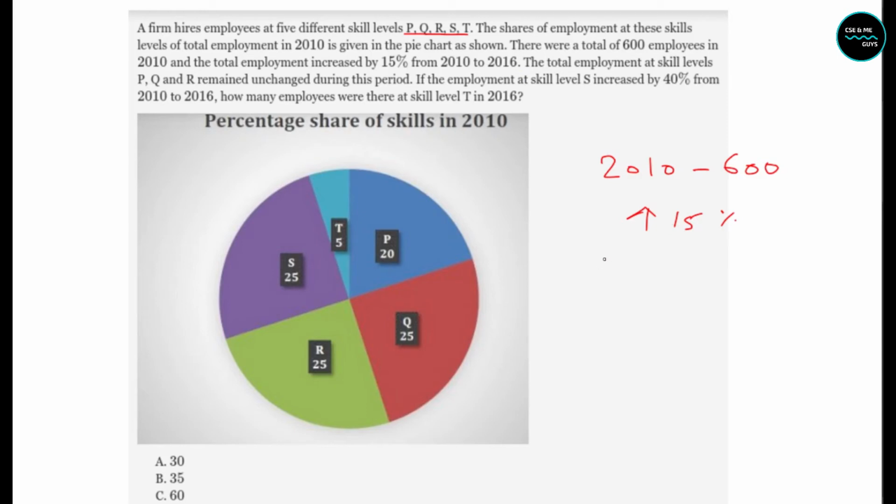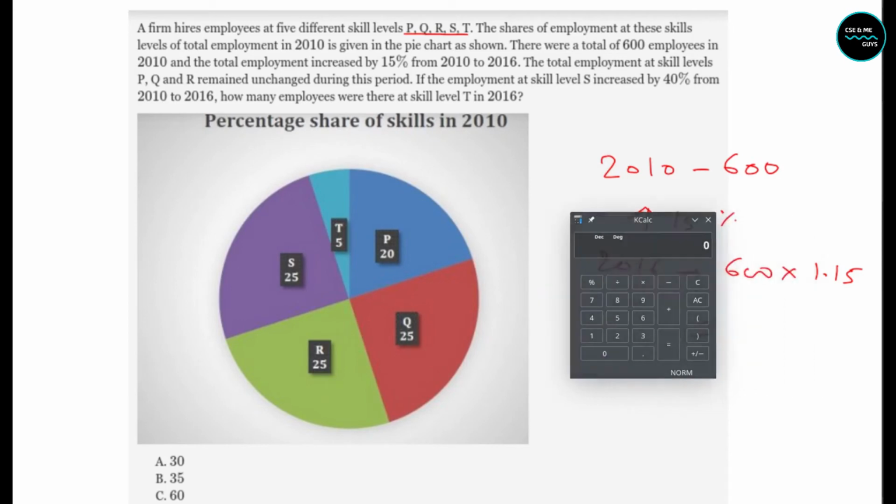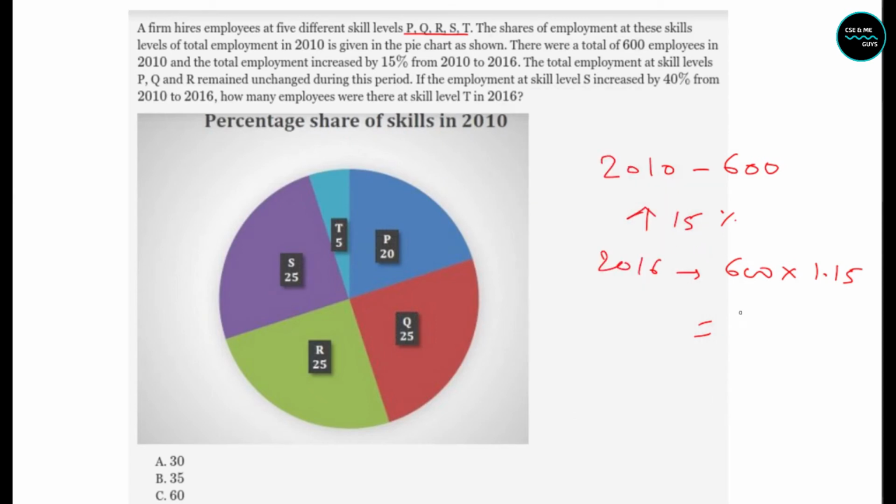So in 2016, there will be 600 into 1.15, which is 690. So in 2016 there are 690 people working there.